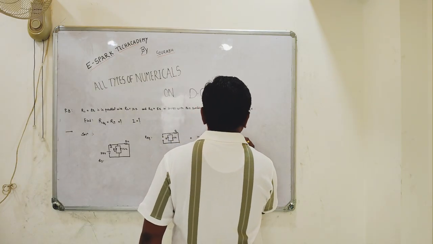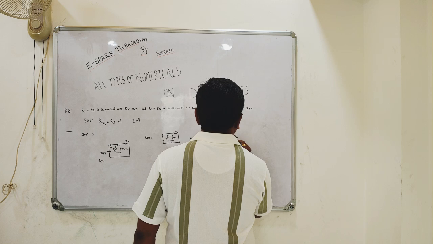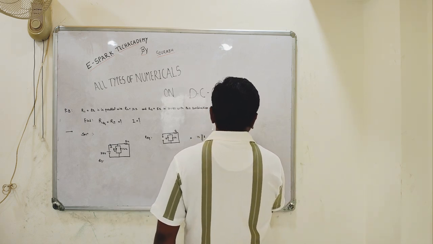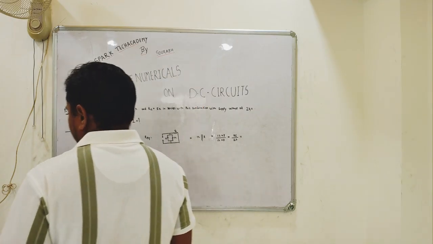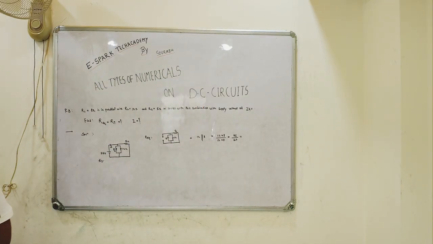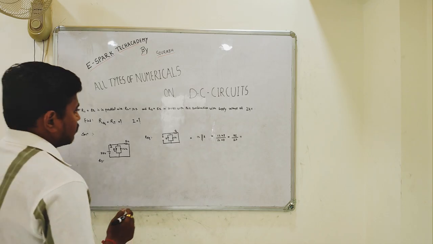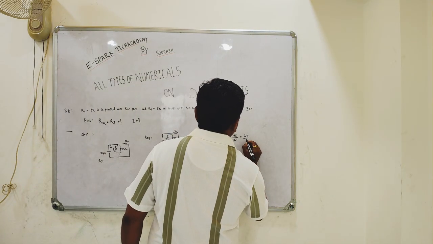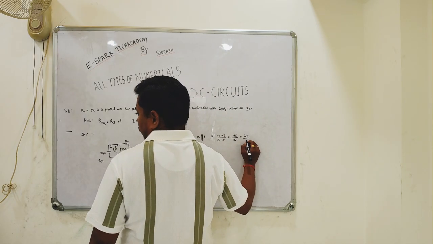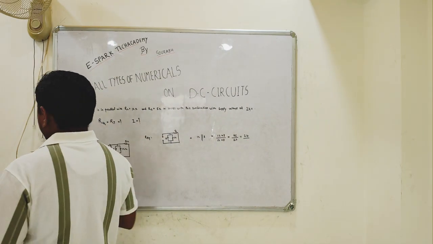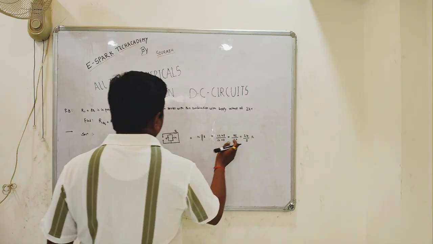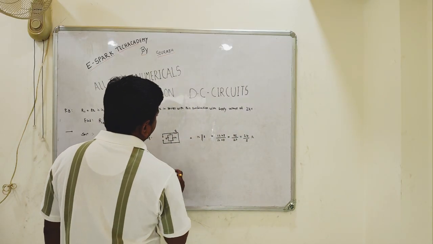We will get 96 divided by 20, which is 24 by 5. We will keep it in fraction because we have to add again.